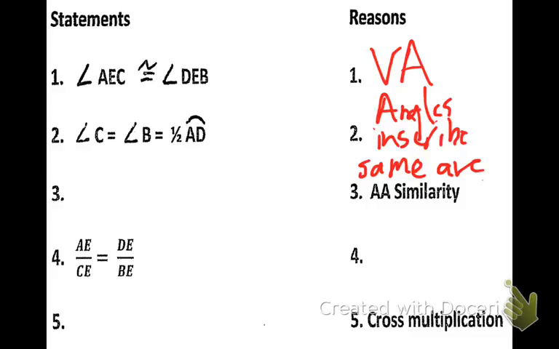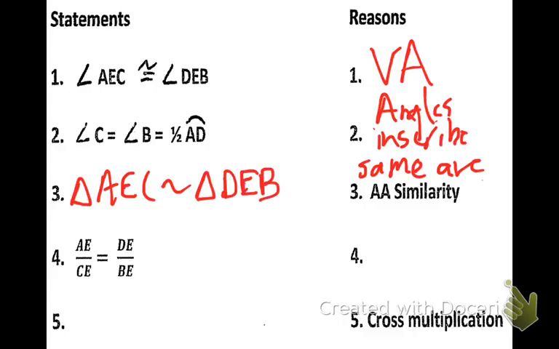Step 3. What would I be saying there by angle-angle similarity? Zach? Triangle AEC. Yeah, triangle AEC is similar to triangle DEB.